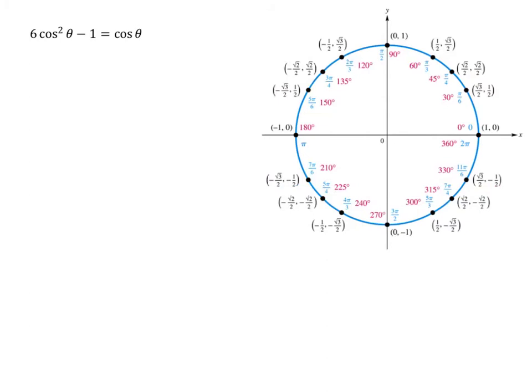This next problem is a little bit trickier, not because of the trig, but because of the algebra. This is one where you would have to factor. So the first thing that we'll do is we'll subtract cosine of theta from both sides.